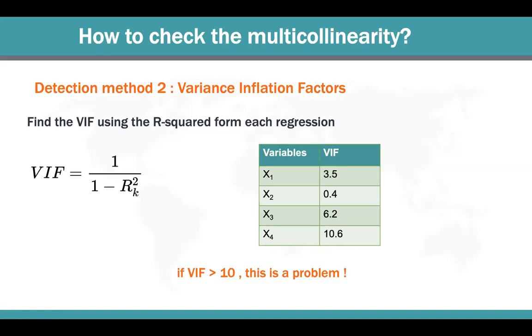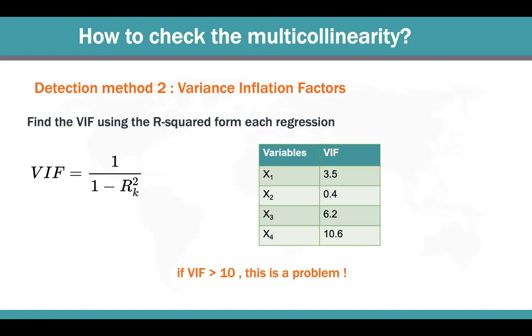It is clear that the higher the R squared, the higher the variance inflation factor will be, and we will have more multicollinearity. So how high is too high for the variance inflation factors? Is there a figure beyond which we say it is too high? There's also a rule of thumb, and typically people will say that a variance inflation factor above 10 is problematic.